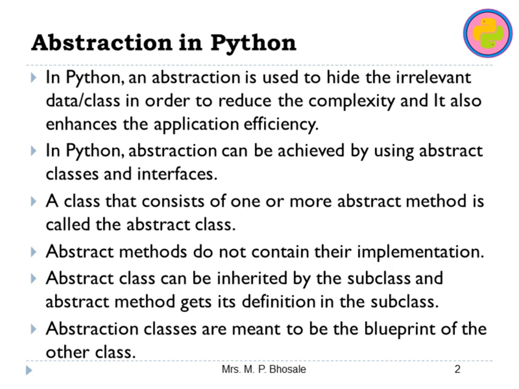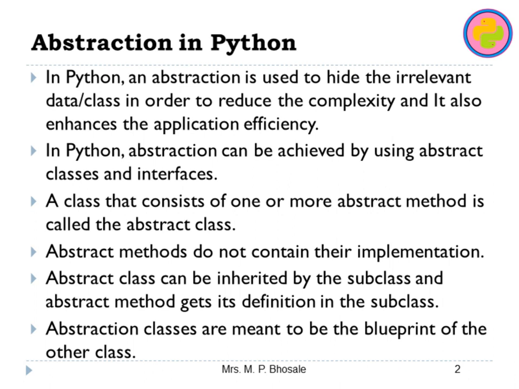So a class that consists of one or more abstract methods is called an abstract class, and abstract methods are those which do not contain any implementation part. Only the declaration part is there, and such methods are included in the class, which is called an abstract class.